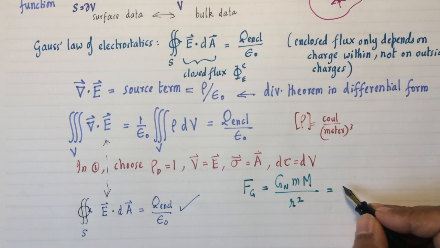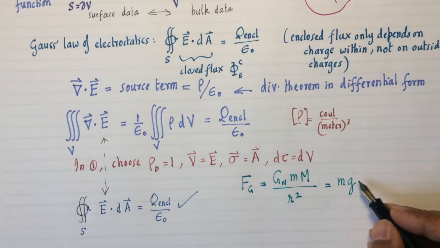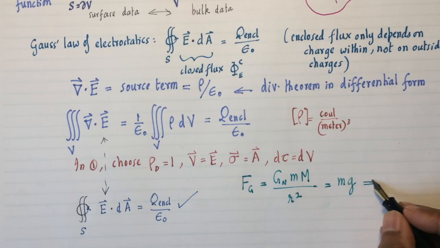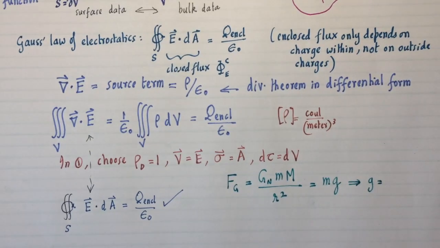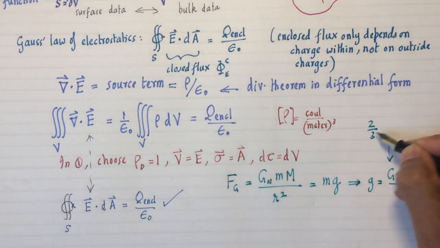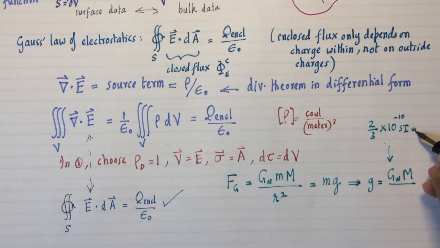So the field as such is explored by this test object, and the gravitational field G is given by dividing both sides by m. So the gravitational field G ends up being capital G Newton, Newton's gravitational constant. I believe it has value, the way I remember it, 2/3 times 10 to the minus 10 SI units.